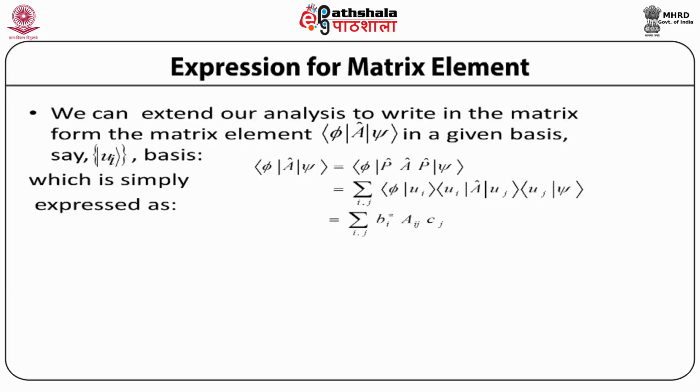Then square matrix A_11, A_12, and so on, A_1i, and so on, A_21, A_22, and so on, A_2i, and so on. Then coming down to further rows, A_i1, A_i2, and so on, A_ij, and so on, and then going down further. And the column matrix c_1, c_2, and so on, c_i, and so on.